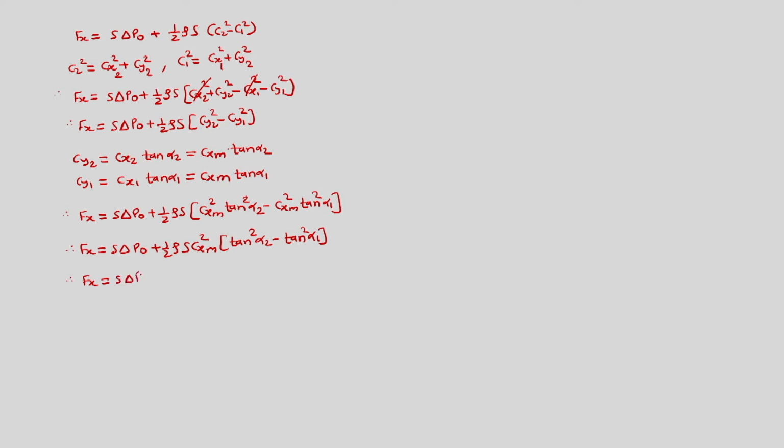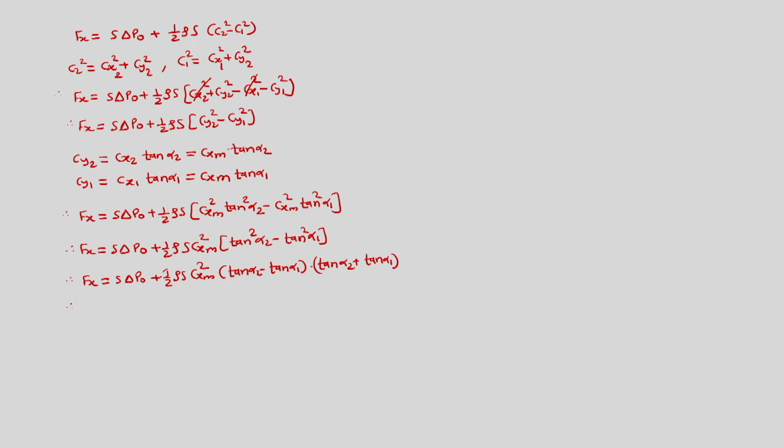So, Fx is equal to S delta P naught plus rho S Cxm square into tan alpha 2 minus tan alpha 1 into tan of alpha 2 plus tan of alpha 1. These are the two expressions for us.